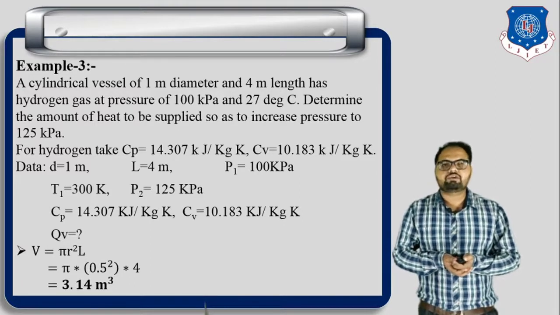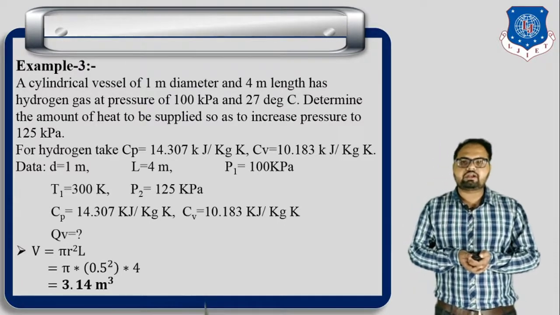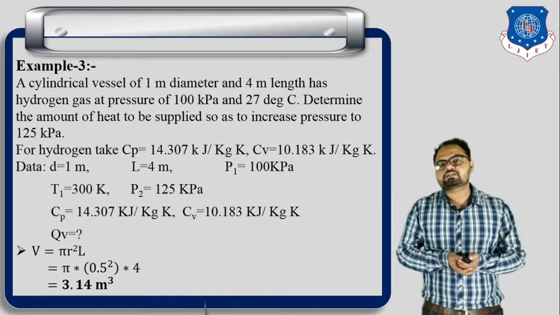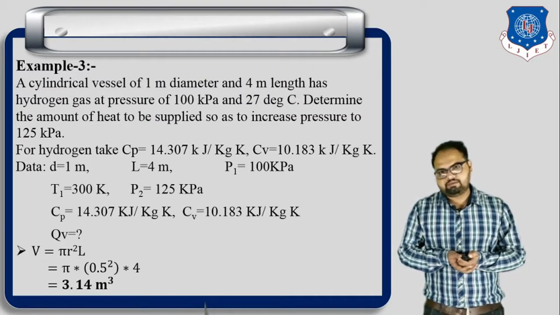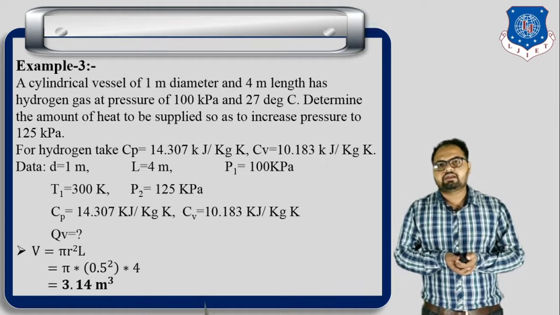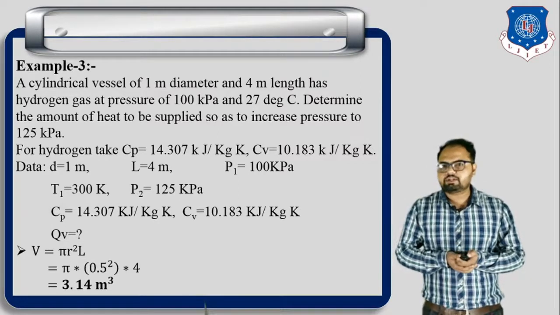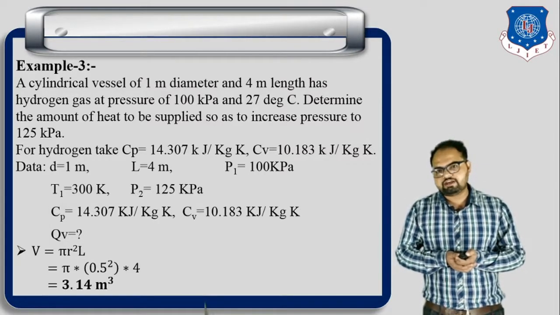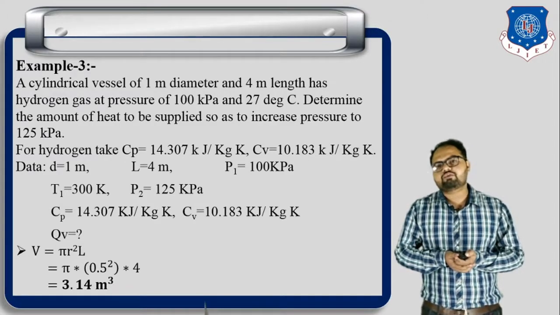So first of all we find the volume. The volume of the cylindrical vessel is pi r square L. The diameter is 1 meter, so the radius is diameter divided by 2, that is 0.5, squared, into length 4 meter.